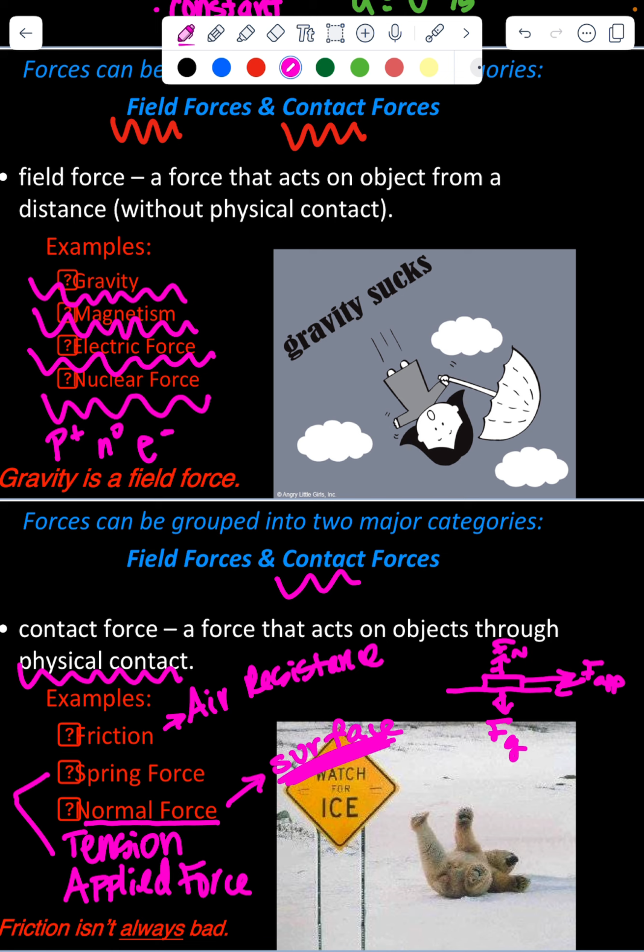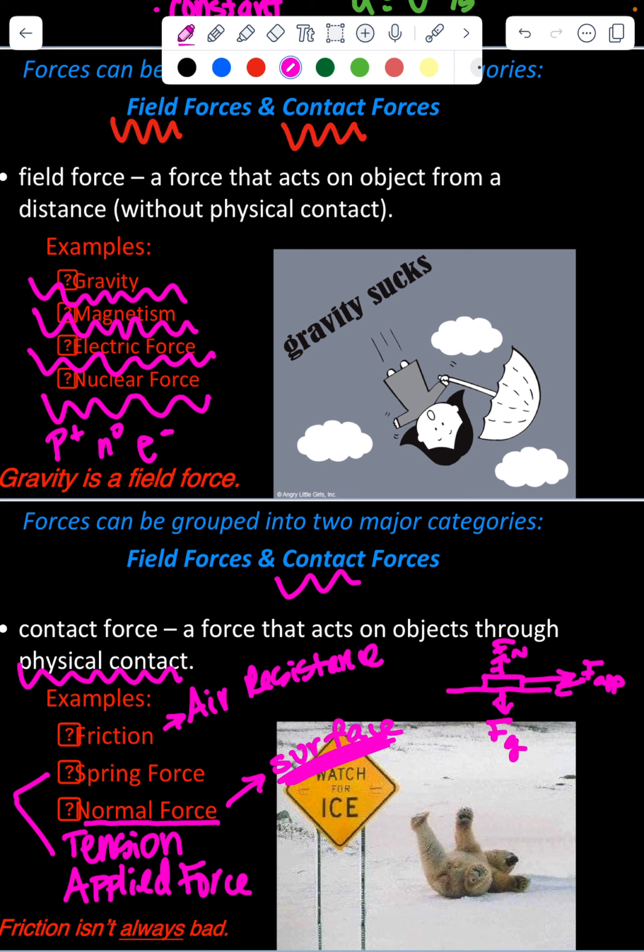An applied force is not pulling something with a rope or a wire or a cable or a cord or anything like that. An applied force is just whenever my hands are pushing or pulling something to make it move or not move. Maybe I'm not strong enough to make it move. But that's the difference between an applied force and a tension and spring force.